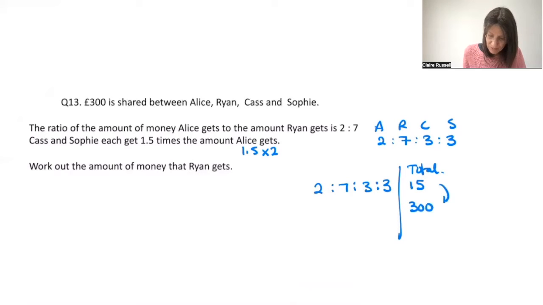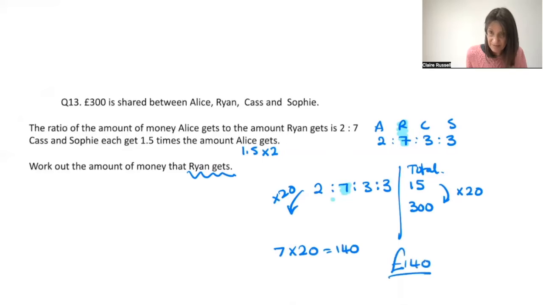What do I multiply by to get from 15 to 300? And that is 20. I actually only need to worry about what Ryan gets. So if I concentrate on Ryan, that's really the only one I need to times by 20. So 7 times 20 is 140. So £140 is what Ryan gets.